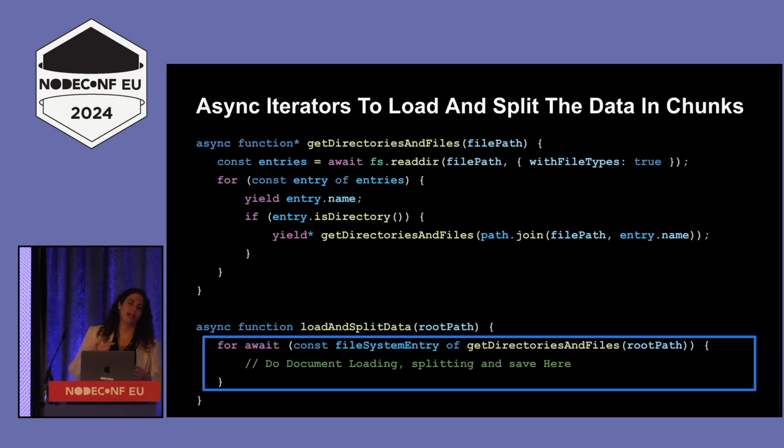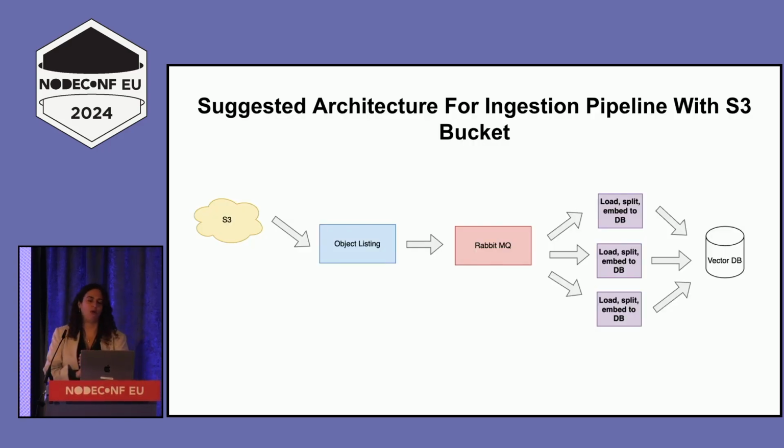Pay attention that what you transfer between threads has to be serializable, and here the output is not serializable. So again, you transfer, let's say, the file name, and then each worker thread would do the process of loading, splitting, and saving. And now this is a suggested architecture for even bigger scales.